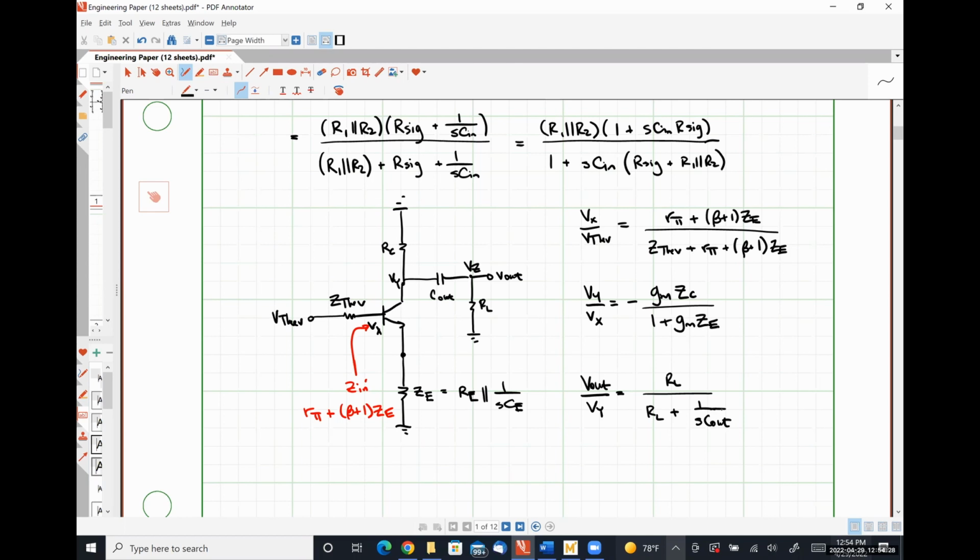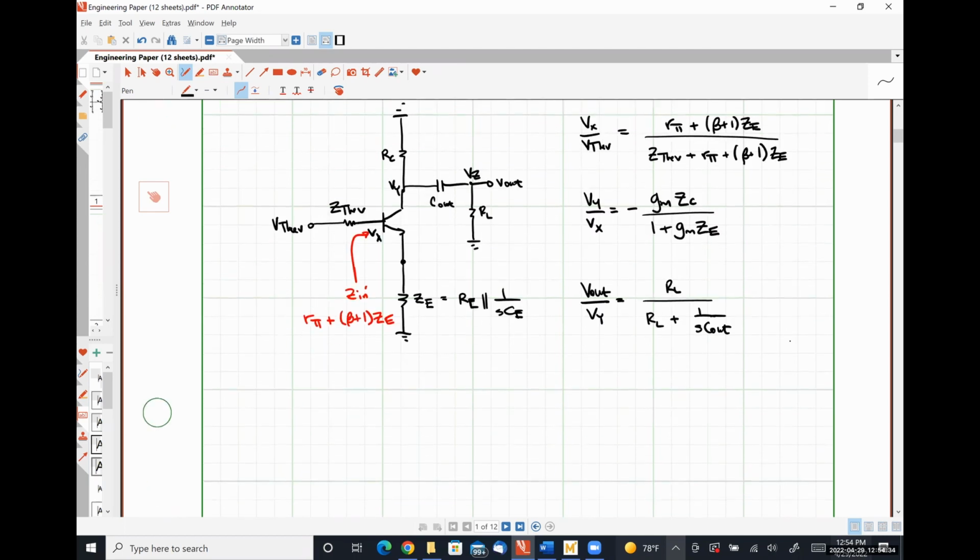All right, so let's do this guy down here first. So Vout over Vy is RL over RL plus 1 over SCout.